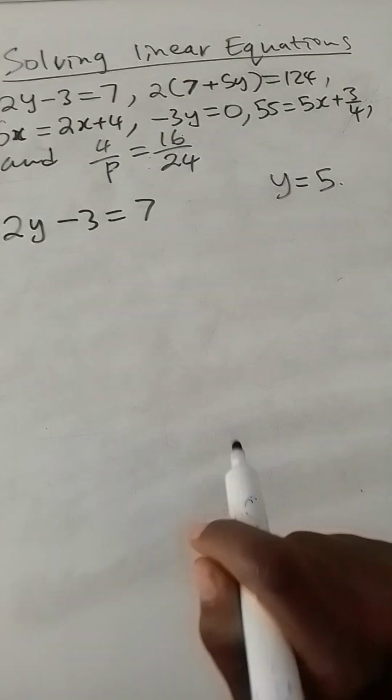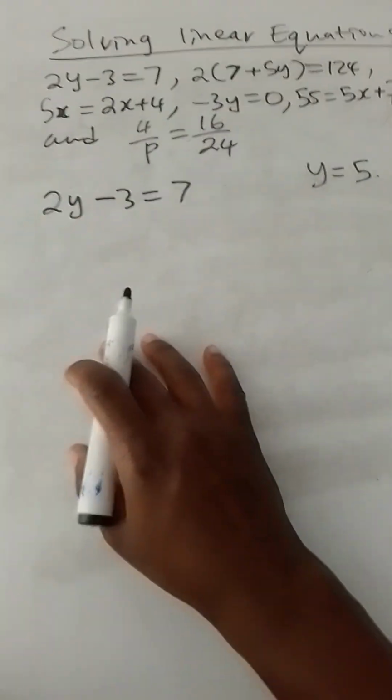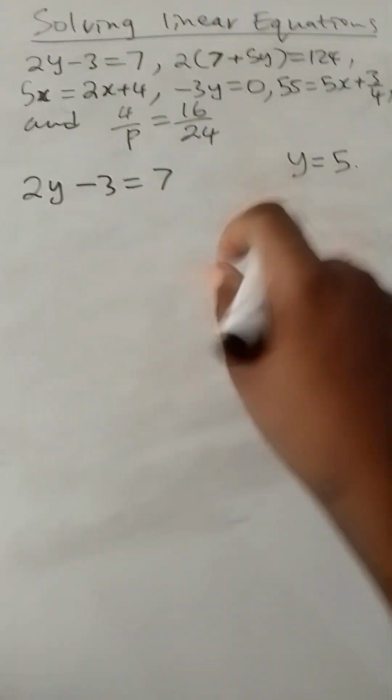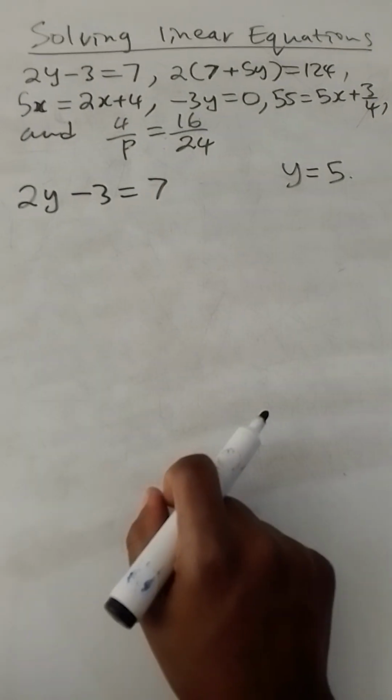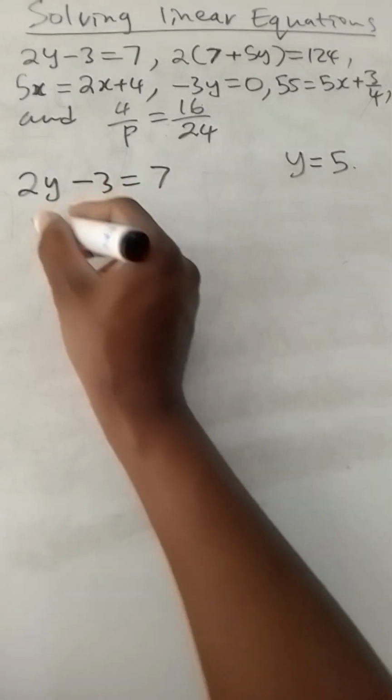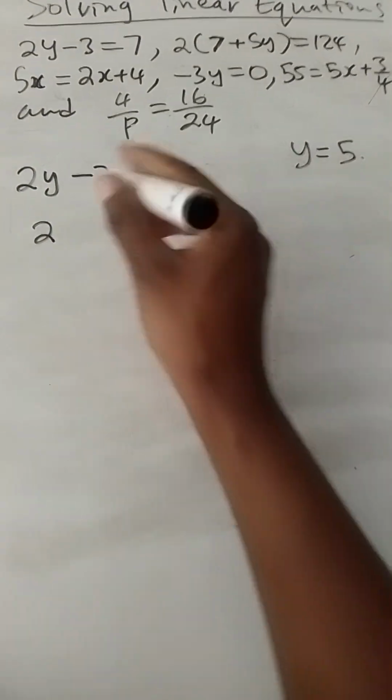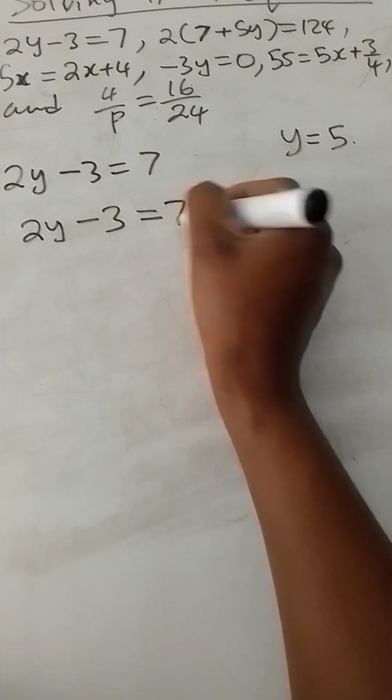But if we want to do it step by step, we will use what we know about operations allowable on equations. But also we could just follow the 4 steps that we have established here. So how do we solve this? The first step is to simplify. This is already simplified because we have individual terms added together.